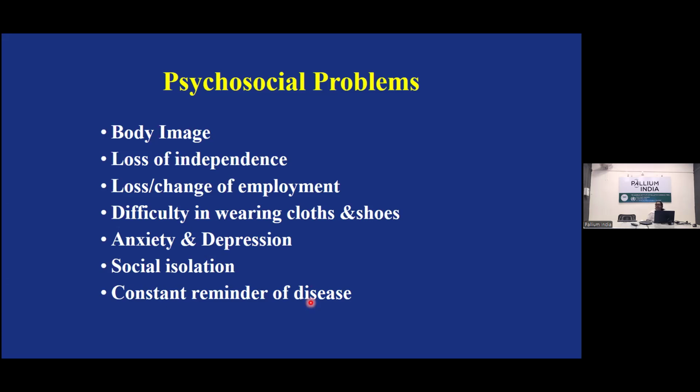They always cover that lymphedema area with their clothes or shawls. They usually bring a long shawl or long towel with them, and they cover the affected limb all the time when they come out of the home.